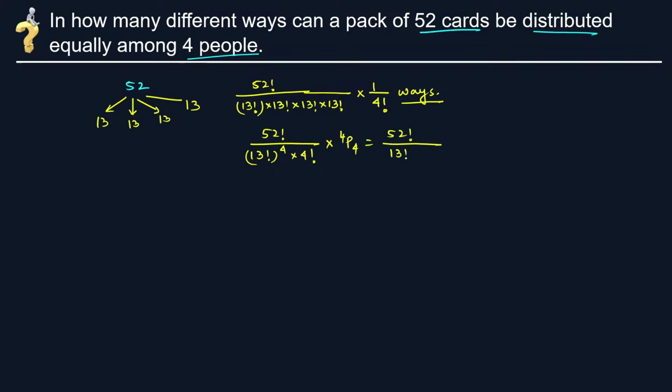So the total number of ways of distributing these 4 equal groups among 4 people is factorial 52 divided by factorial 13 whole to the power 4. Because from here you are going to have factorial 4, this and this will go off. Is this concept clear? Let me take another example.